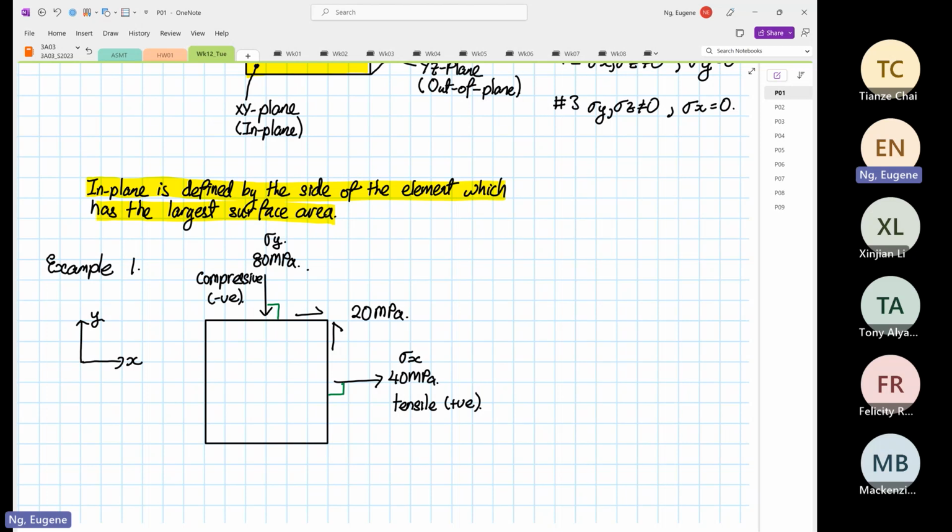Then we have our shear over here, and we know that this is our shear XY. It's equal to shear YX. So this is known as positive shear. Now in shear, whether it is positive or negative, they are either as good or as bad.